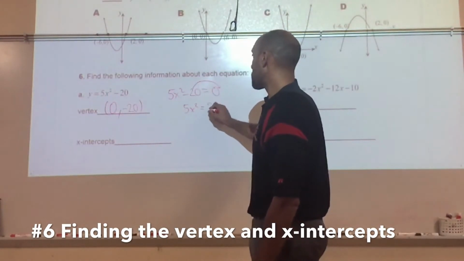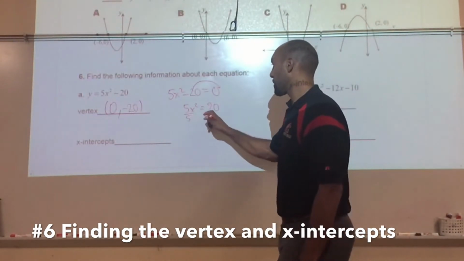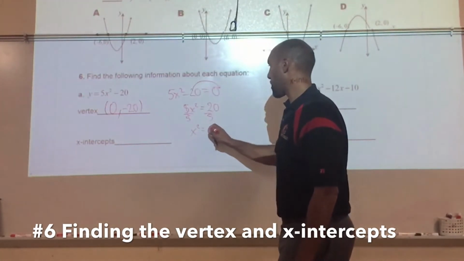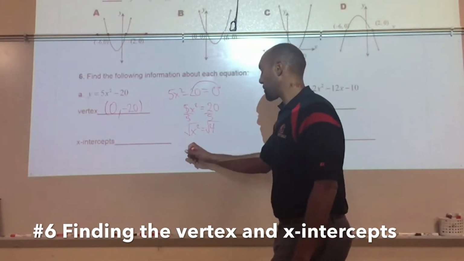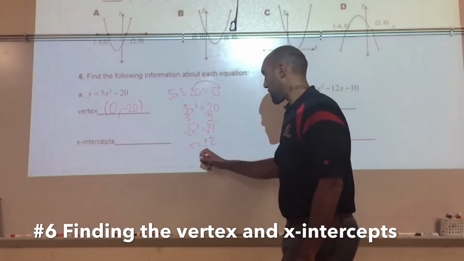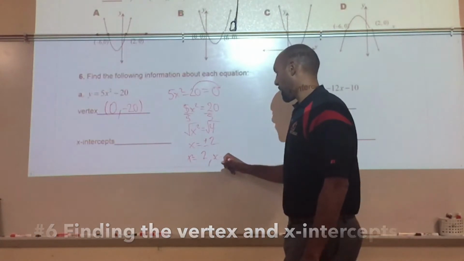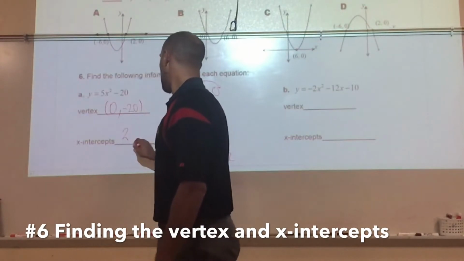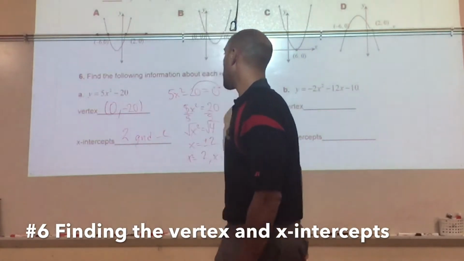Then we divide by 5 and get x squared equals 4. And then we square root, and remember, when we square root, we get both plus and minus 2. So our x-intercepts are positive 2 and negative 2.